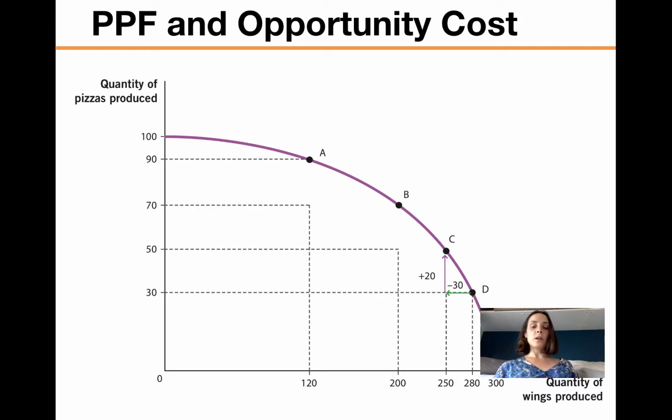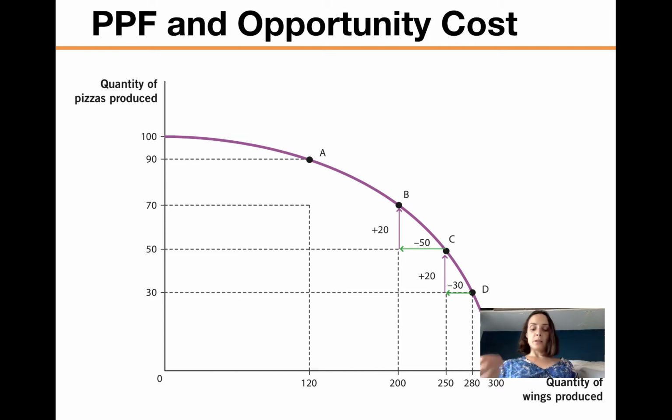Now, if we look at the change from point C to point B, then if I want to produce another 20 additional units of pizza, the opportunity cost of producing those 20 units will be 50 units of wings. Therefore, we can see here that the same increment of pizza, meaning 20 units, will demand a higher amount of wings to be given up, right?